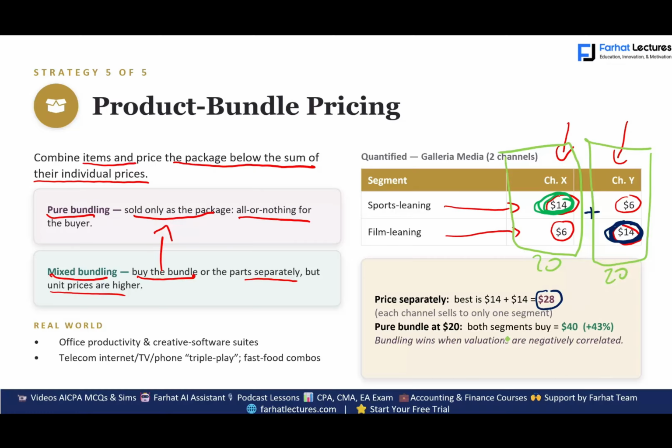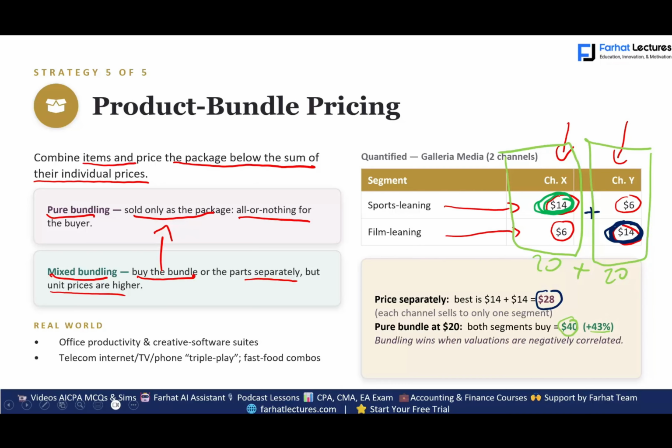Once you bundle them, it's worth it for them because, well, I like sports, it's 14, and it's an additional $6 for the movies, that's not much. You feel you're getting the movie channel at a discount. Therefore, together, 20 plus 20 equals 40, and that's a 43% increase in revenue.